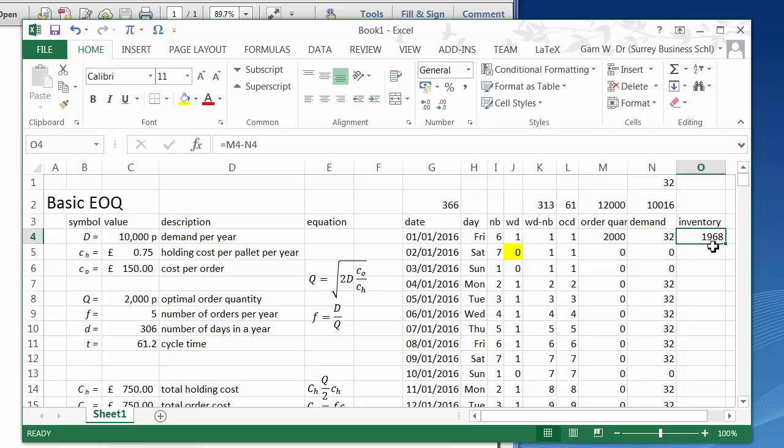Here again it could be the other way around, that we have to pay immediately as something arrives. So that could mean that we would have to pay for the 2000 items rather than what we have at the end of the day. Okay, so now how do we get the next inventory? How does the inventory grow or shrink actually?